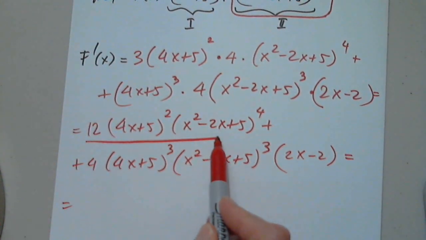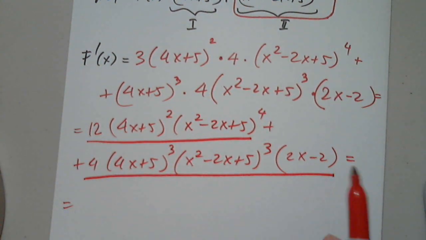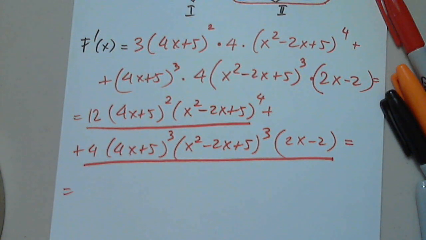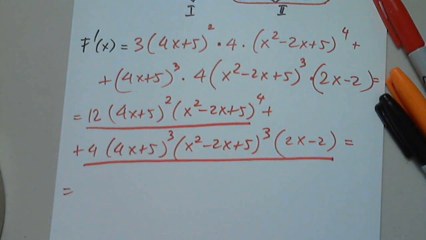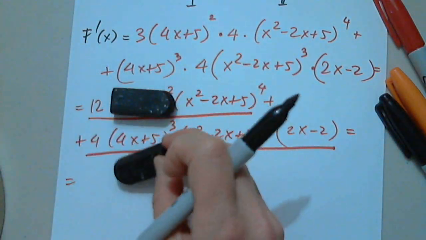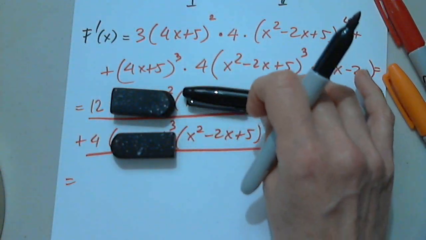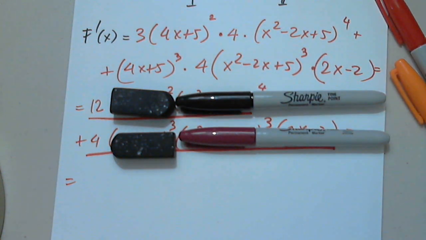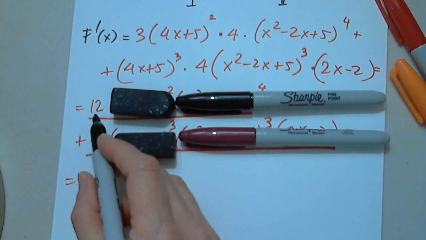Look at the first term, and look at the second term, and let's identify what is common, and let's pull it out. Let's pull out all common terms. I meant factors, of course. These two terms have common factors. What are those common factors? What is the first common factor? 4.